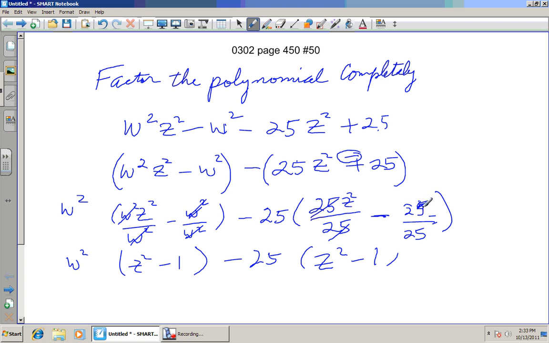And this is going to go away. And then we'll have this z squared minus 1 and a z squared minus 1. And a w squared minus 25. So now I can factor this common term out. So we get z squared minus 1. And what's left? W squared minus 25.